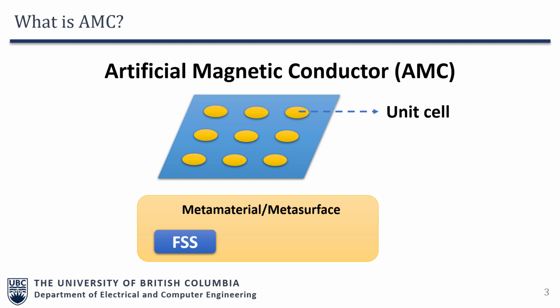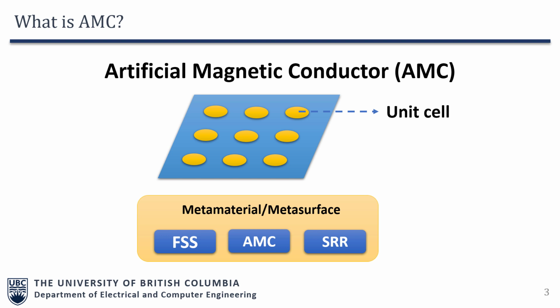Basically, metamaterial is a 3D structure, and when you flatten this 3D structure, creating the 2D version of the 3D, having this planarity, we may call it metasurface. And AMC, like I said before, is a subset of this superset metasurface. We also have another type of metasurface, or you can say unit cell, the split ring resonator, or SRR.